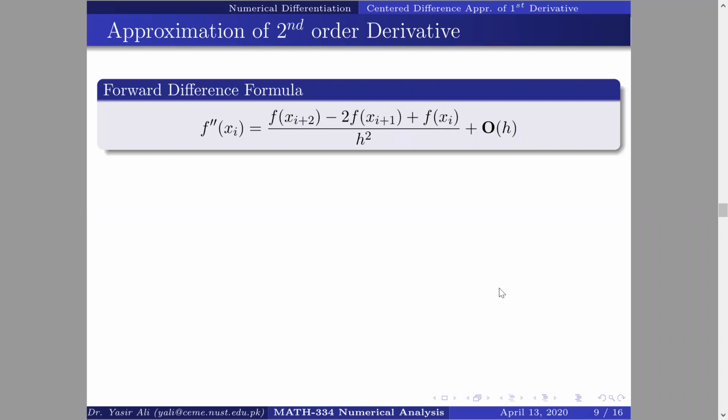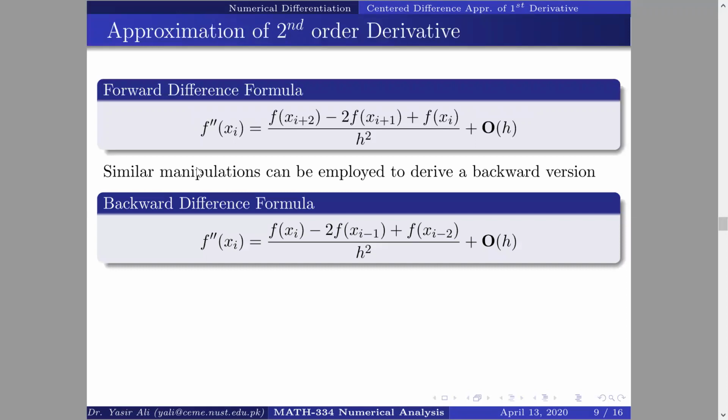So we have developed the formula for the forward difference. Here you can see that the present value and two of the future values are used, whereas we can develop a similar technique to calculate the backward difference formula, where we have the present value and two of the previous values.